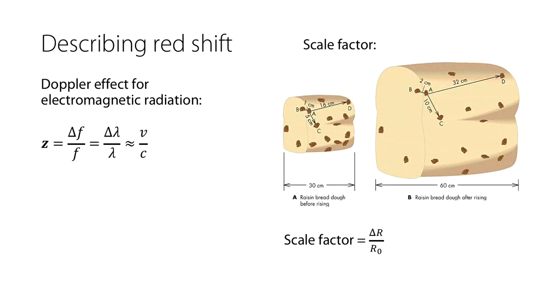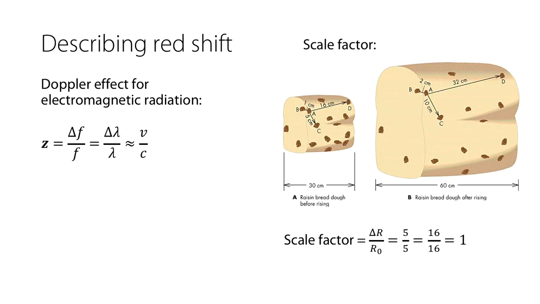The other thing that we need to define is the scale factor, which is actually the R here. To give you an idea of what the scale factor is, it's very similar. It's a fractional change in the distances within the universe, or in this case, within the bread. So this is our raisin bread, which is being baked, and the dough is rising, and the raisins are all moving apart from each other.